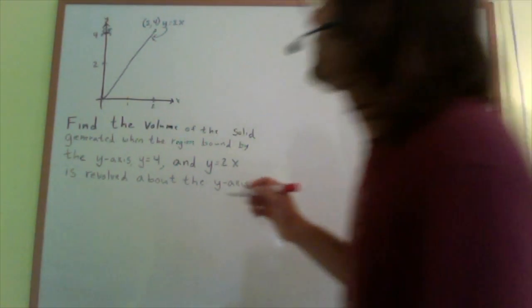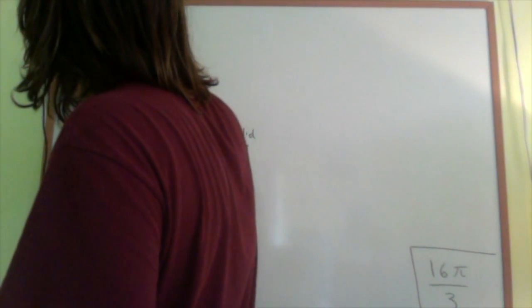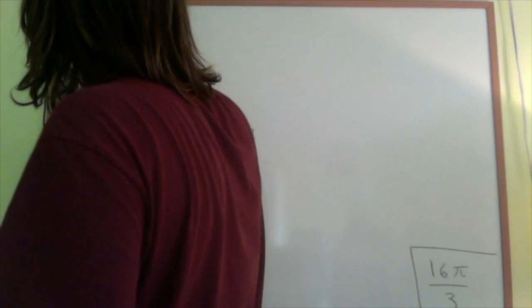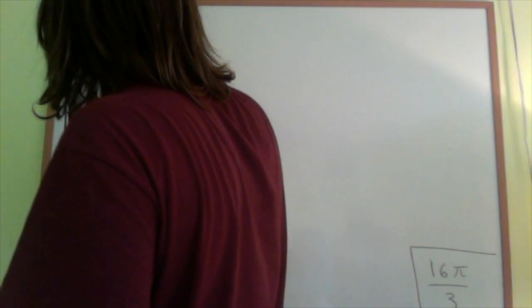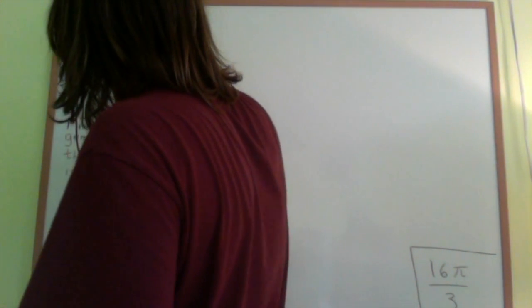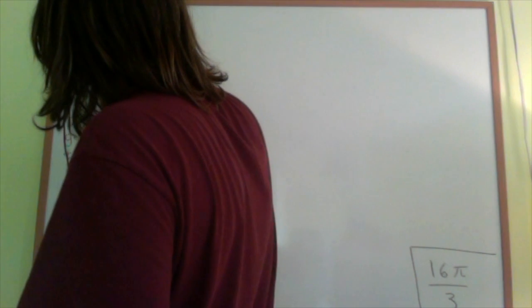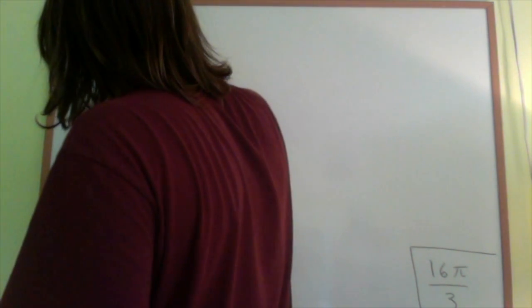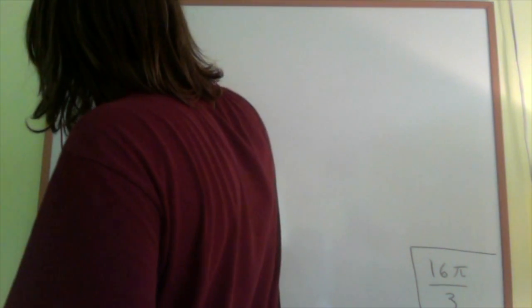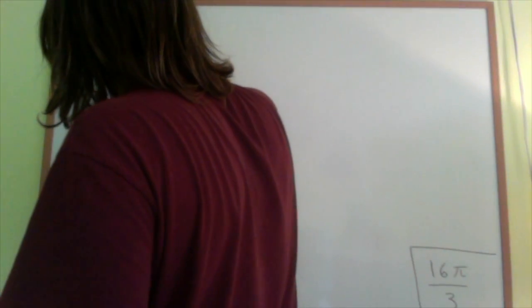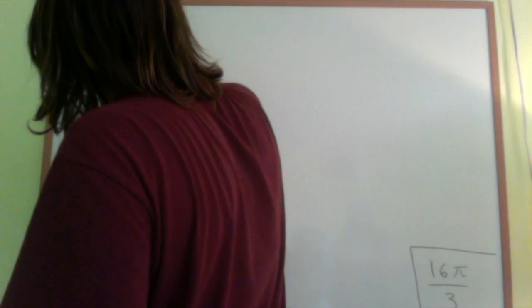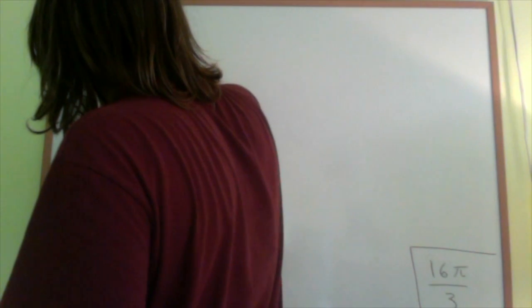So let's say we have an arbitrary disk. It's going to be something like so. And then this goes back here, and I'll do that because it makes it more three-dimensional, hopefully.